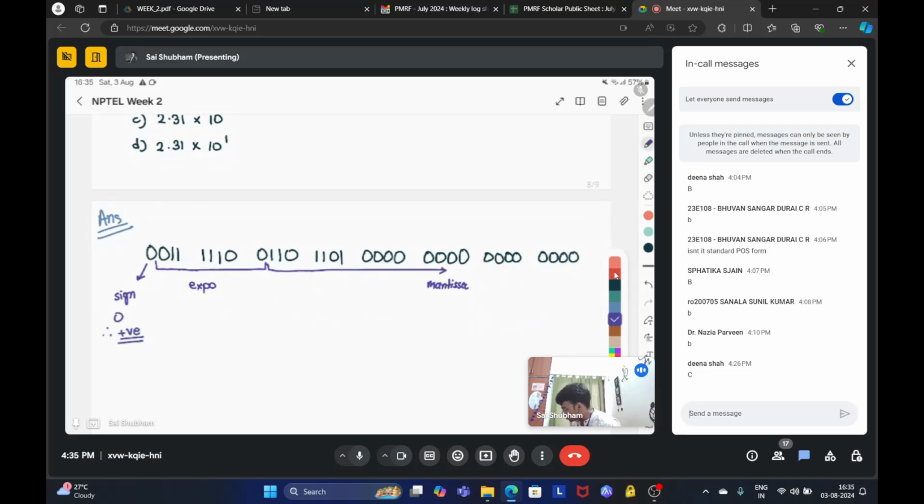So the sign bit is 0, which means that it is a positive number. Then we have this part as the exponent: 0, 1, 1, 1, 1, 1, 0, 0.